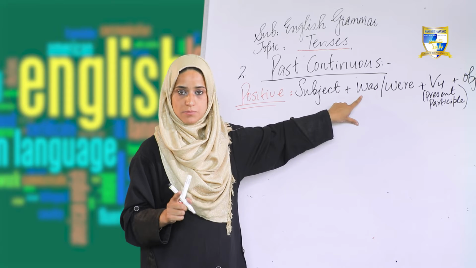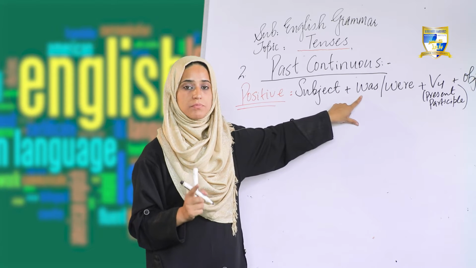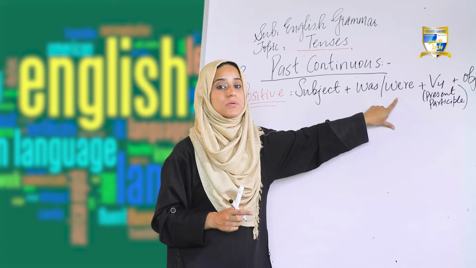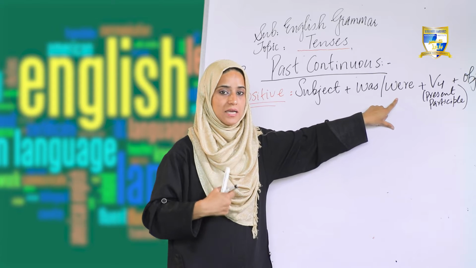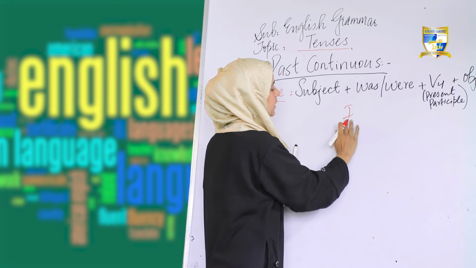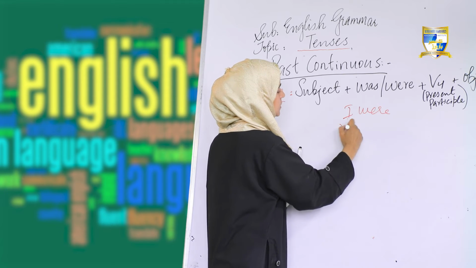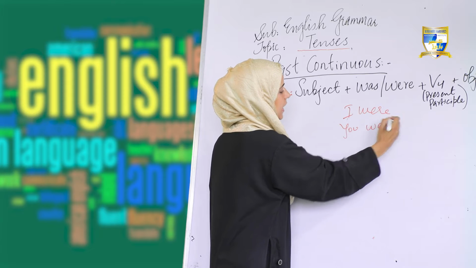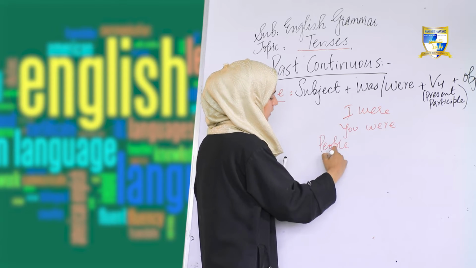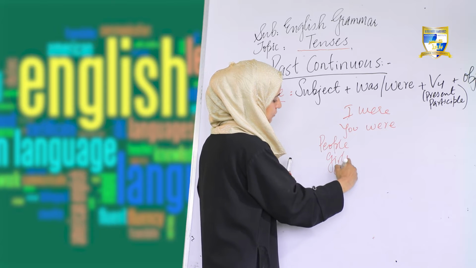Was is used with a singular subject, one person, one subject, and were with the second person you, and plural subjects, for example, people or girls or children.